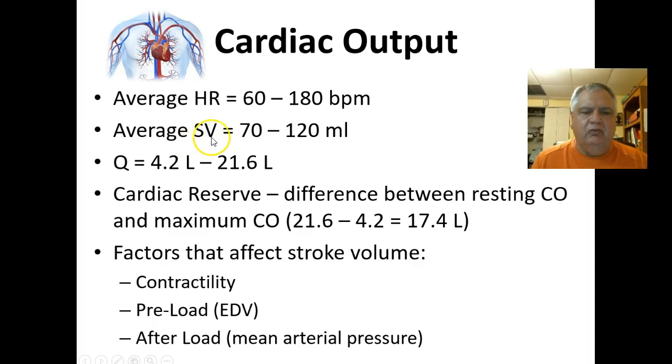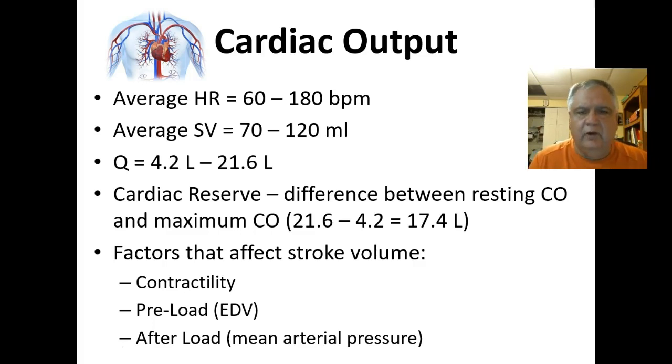If the average stroke volume, and this is a good average stroke volume, is around 70 milliliters, then at rest, and whenever the heart starts to beat faster and stronger, the stronger contraction can cause the stroke volume to increase to as much as 120 milliliters of blood ejected into the aorta per beat of the heart. You follow that?